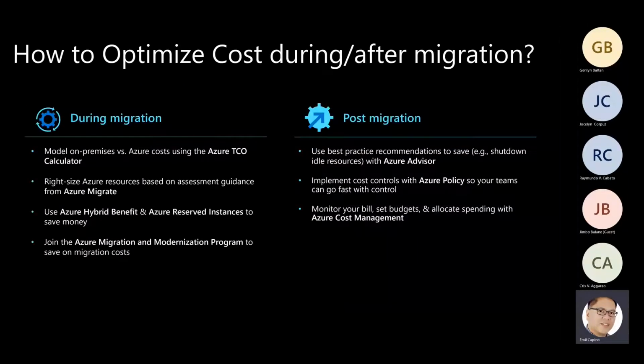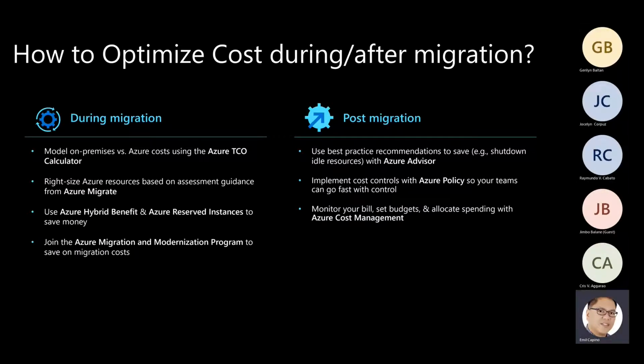Okay, I believe this is my last slide. How you can optimize your costs during and after migration. First, during or even before you migrate, you can use the Azure TCO calculator to come up with your cost model and compare your on-premises cost versus your Azure cost when you migrate to Azure SQL.